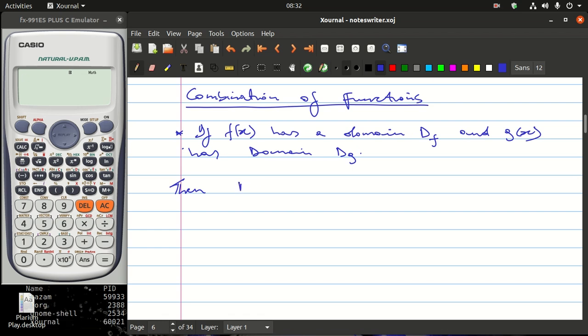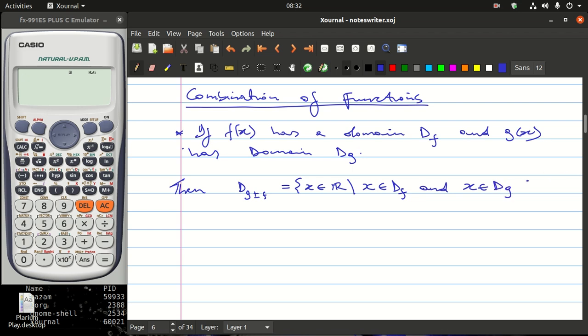Then the domain of g plus or minus f. If I were to add this function and that function, the domain of this is going to be x is an element of real numbers, such that x is an element of d of f and x must be in d of g.